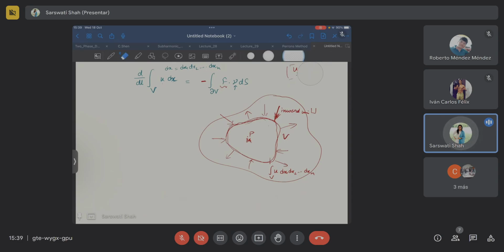So what is the divergence theorem? Can anyone tell me what is the divergence theorem?